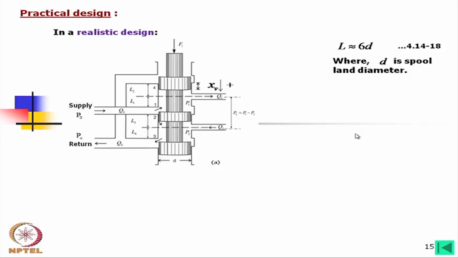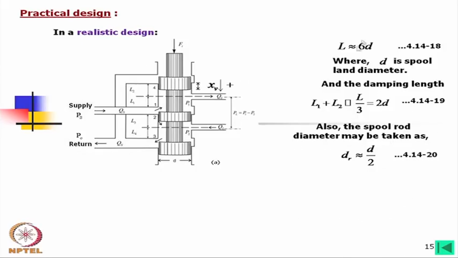D is the spool land diameter. And the damping length L1 plus L2 is approximately equal to L by 3, which is equal to 2D.